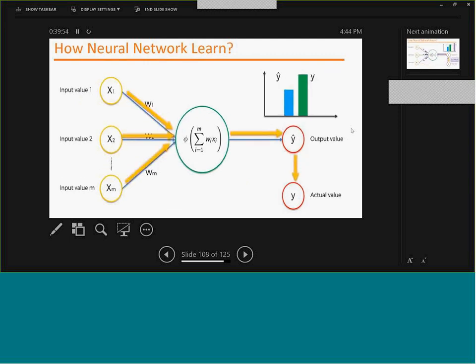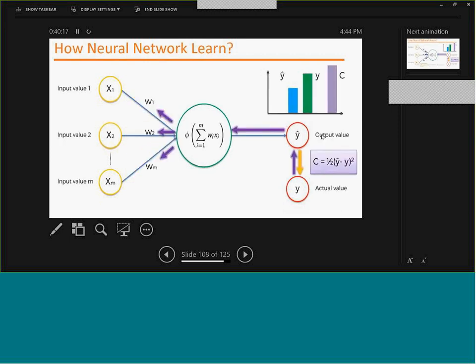We'll see this example very quickly. What we have seen so far is we have got x1, x2 and xm neurons. Each has got a weight. It calculates the summation and multiplication of all these things and then applies the activation function on top of that, and it predicts the value. So we should know what is the actual value and what is the output value, and then we come up with the cost function. The cost function determines what is the cost of this particular weight.